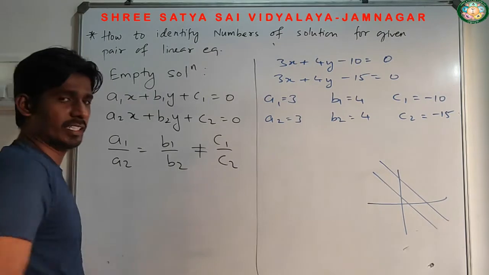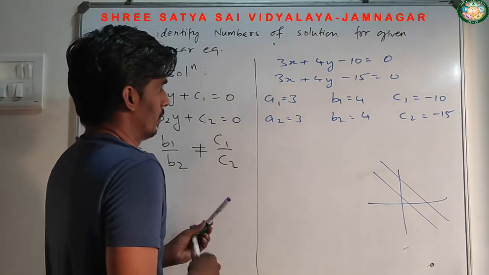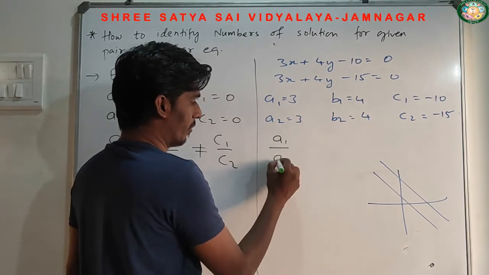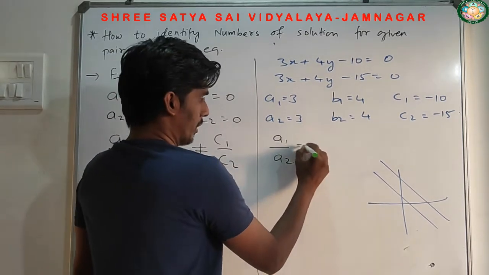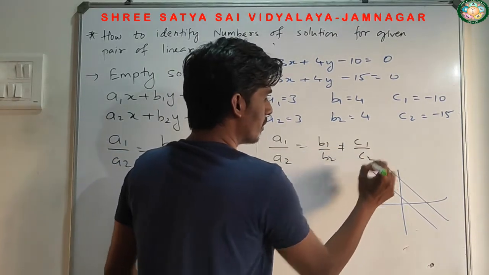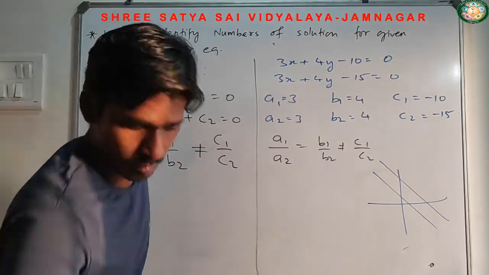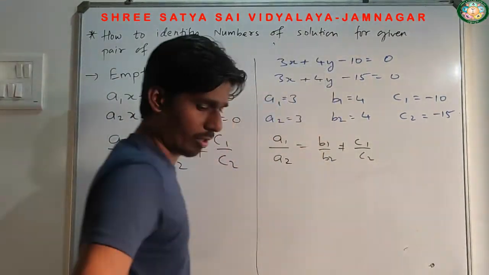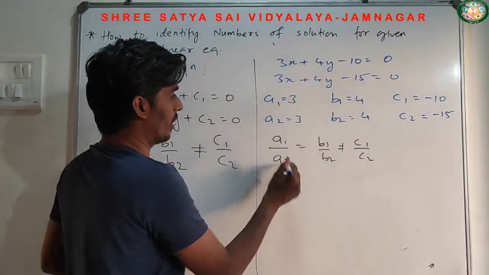Now let's apply this condition. As per condition, a1 upon a2 equals to b1 upon b2 is not equals to c1 upon c2. So we can verify this condition. Replace all the values. What is a1 upon a2?